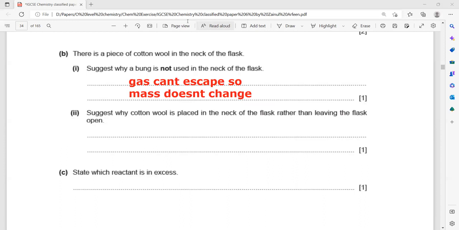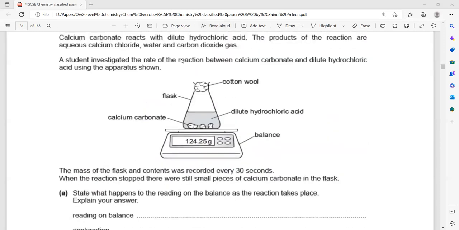Suggest why cotton wool is placed in the neck of the flask rather than leaving the flask open. So that the acid cannot escape from the reaction. Reaction particles cannot escape. If it was open, the gas will escape. But why did we keep cotton wool here? Even if there was no cotton wool, the gas will escape.